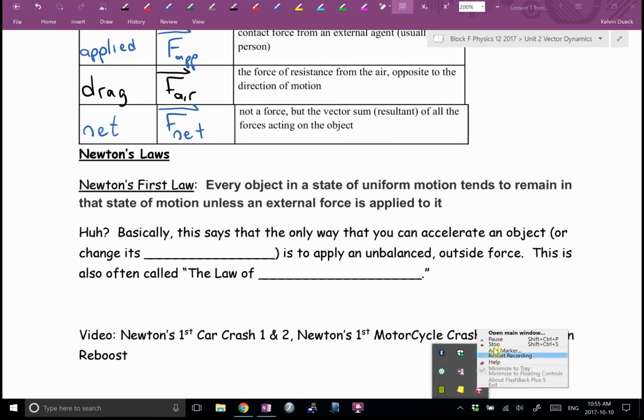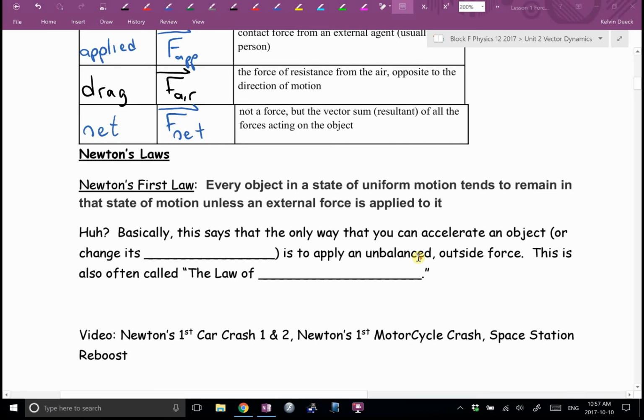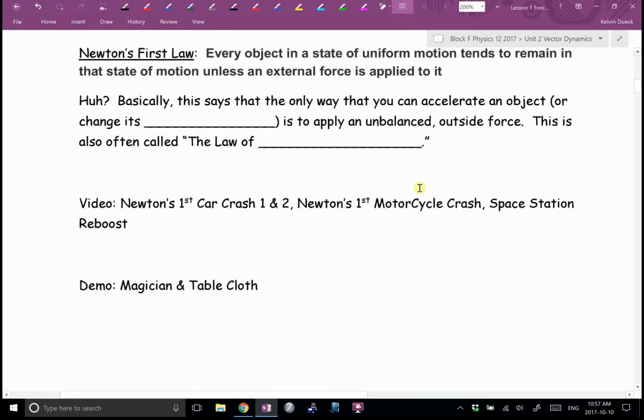Sorry, folks. Newton's first law typically says something like this. Every object in a state of uniform motion tends to remain in that state of motion unless an external force is applied to it. What? Blech. Here's what it really says. The only way that you can accelerate an object or change its velocity, because that's the definition of acceleration, is to apply an unbalanced outside force.